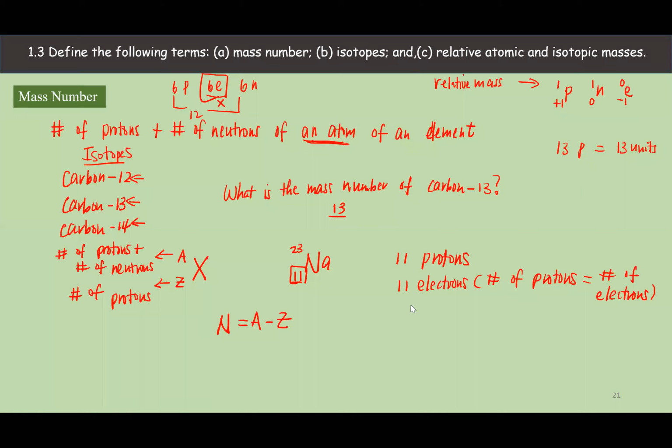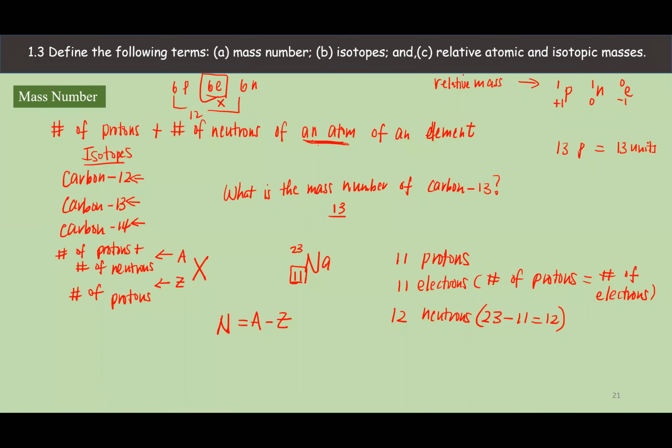And it has 12 neutrons. And why is it that it has 12 neutrons? Top number, 23, subtract the bottom number, which is 11, gives us 12. That's how we determine each of the number of subatomic particles given the chemical symbol for the element.